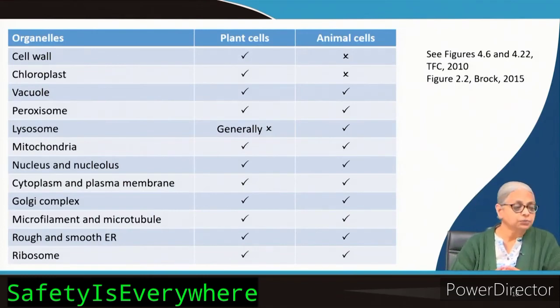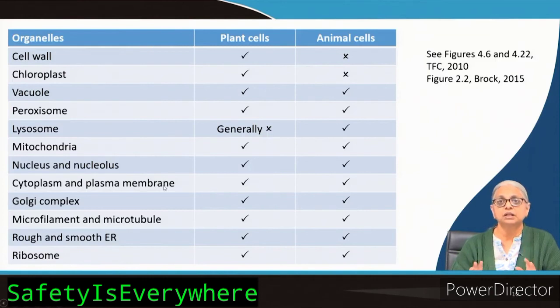So just to summarize some of the differences between plant and animal cells, cell walls and chloroplasts are present in plant cells but not in animal cells. All the other organelles, including lysosomes, vacuoles, peroxisomes, lysosomes which contain the enzyme lysozyme, mitochondria which is the site of ATP synthesis, the nucleus which contains the DNA, the plasma membrane and the cytoplasm which contains everything else, the Golgi complex, microfilaments, microtubules, rough and smooth endoplasmic reticulum, and the ribosomes.